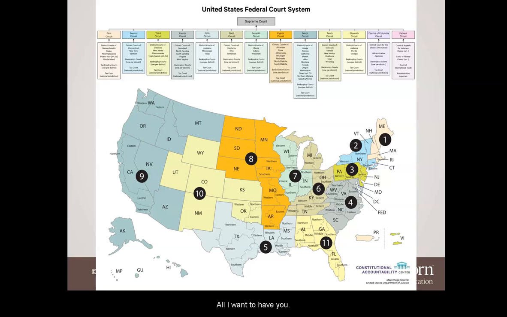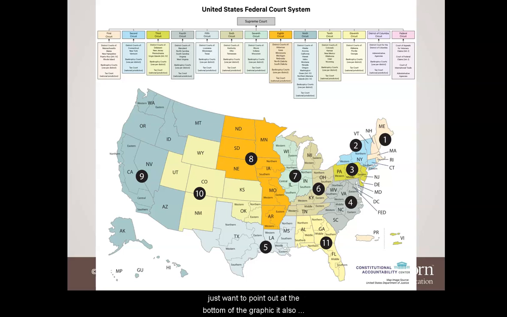And all I want you to absorb from this graphic is that circuits include multiple states. So when the federal Ninth Circuit makes a decision, it impacts every state in that circuit. And the Ninth Circuit is the largest circuit.